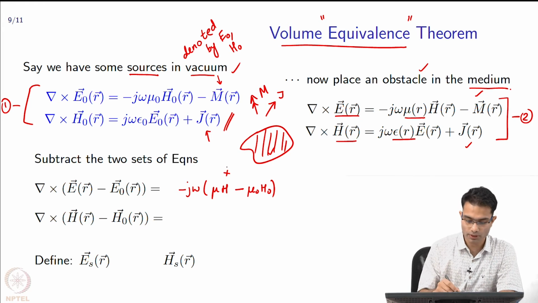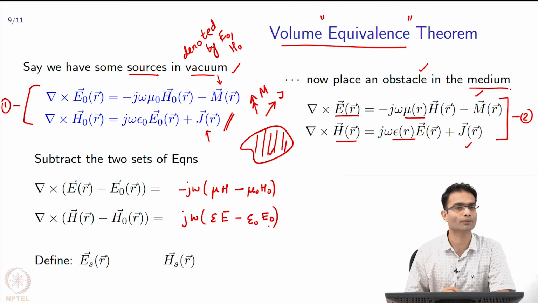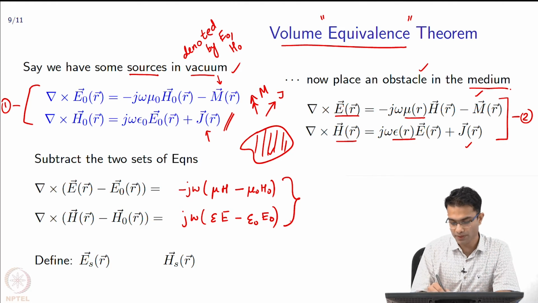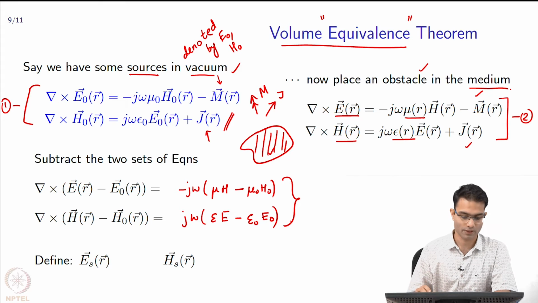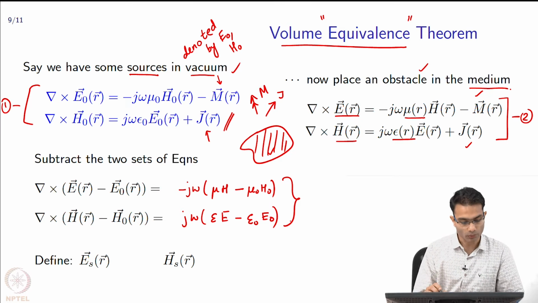I can do the same thing for the second set of equations involving the curl of H. I am going to get j omega, epsilon E minus epsilon naught E naught. Really simple manipulation so far. The beauty of these two equations is that you do not have any current sources, you just have the fields and the material properties, which I know.